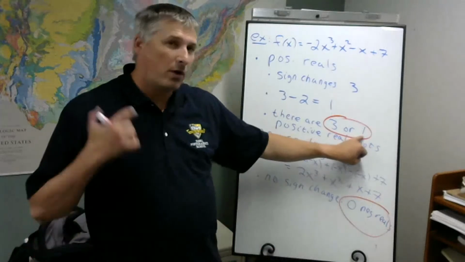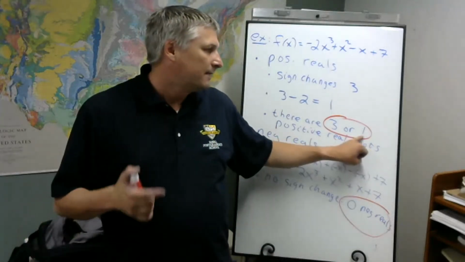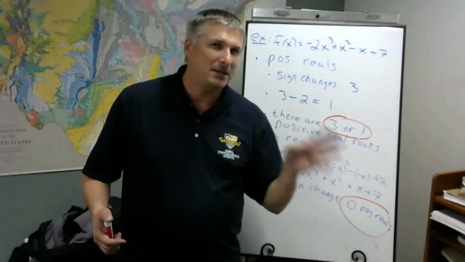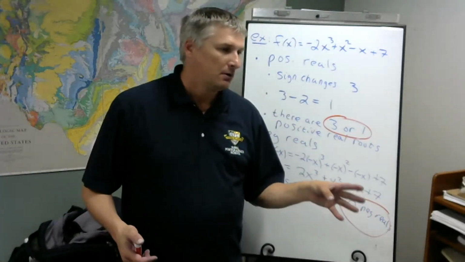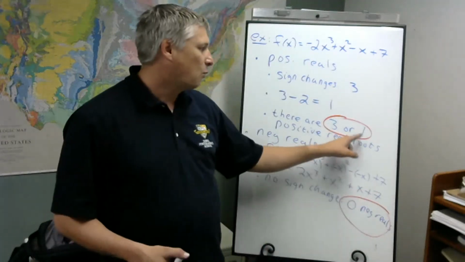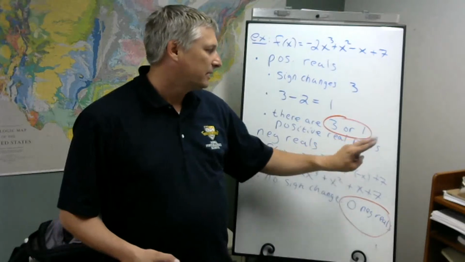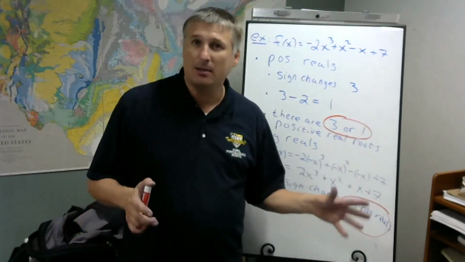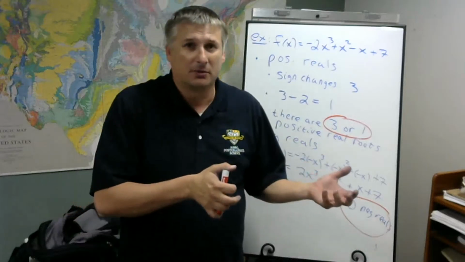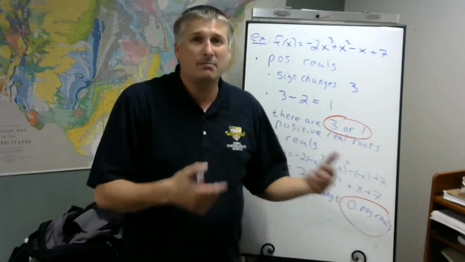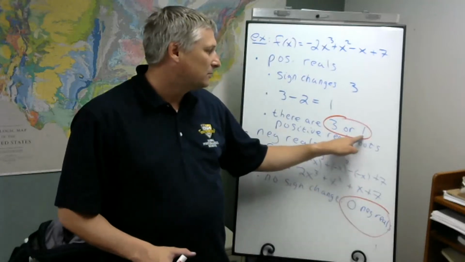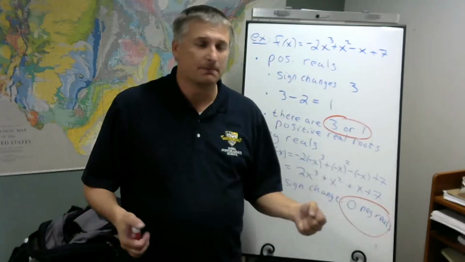The reason is, if we have 1 positive real root, since we have 0 negative reals, those remaining 2 roots are going to be complex. So you'd have 1 positive real and 2 complex roots. And here's the thing about complex roots: they come in pairs. There could be an a plus bi and an a minus bi that are roots in addition to some positive real root.